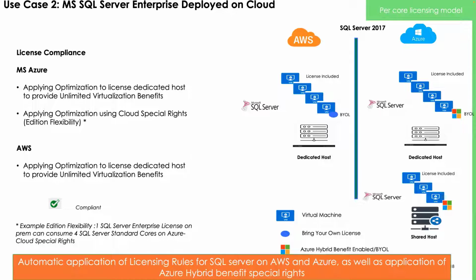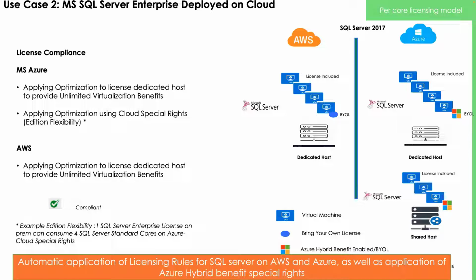Now, just as I said, this is not a licensing rule class, but the rules on the cloud are different from the rules on-prem. And ServiceNow takes that also into consideration and applies those licensing rules for the cloud if it finds a deployment of SQL Server on the cloud versus what it finds on-prem.